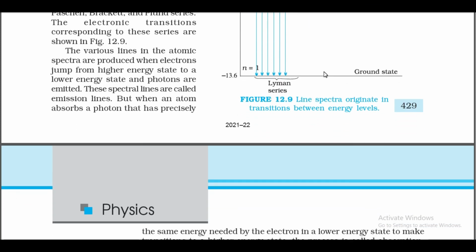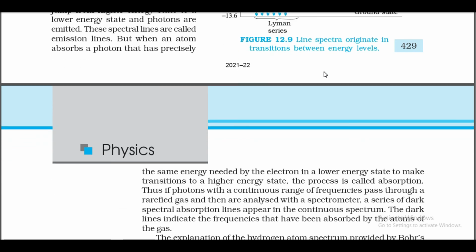The various lines in the atomic spectra are produced when electrons jump from a higher energy state to a lower energy state and photons are emitted. These spectral lines are called emission lines. But when an atom absorbs a photon that has precisely the same energy needed by the electron in a lower energy state to make a transition to a higher energy state, the process is called absorption.